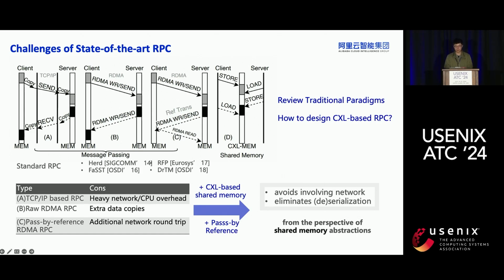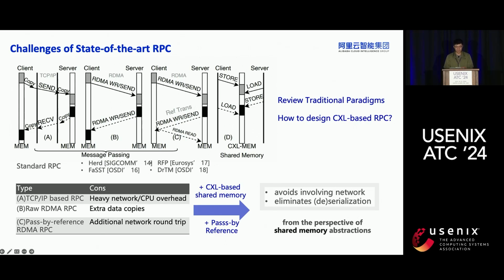Using CXL-based shared memory instead of RDMA for RPC offers two significant advantages. First, the traditional architecture requires clients to communicate over the network, which will become a bottleneck. In contrast, CXL memory avoids involving the network.